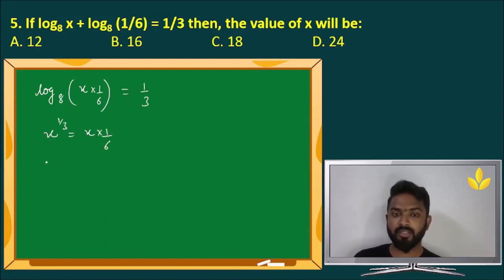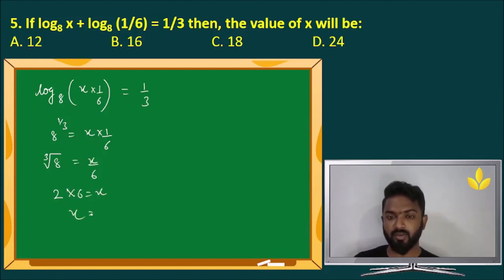This also means that cube root of 8 equals x by 6. Now what is cube root of 8? Cube root of 8 is obviously 2, into 6 equals x. So x equals 12. Answer is A.